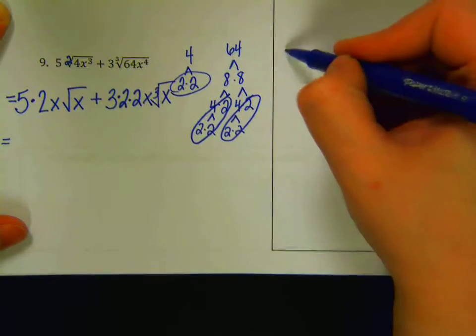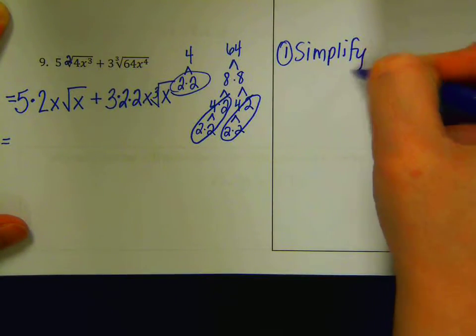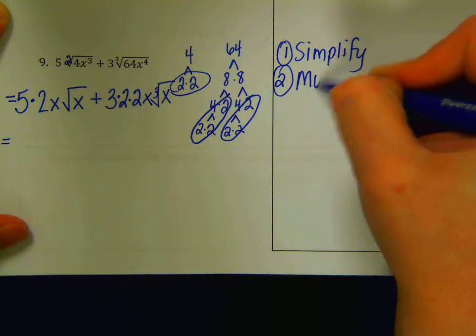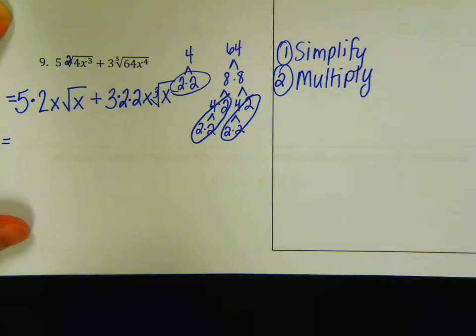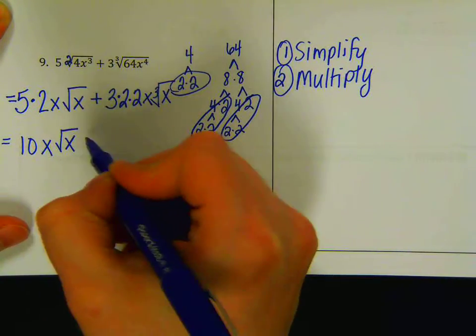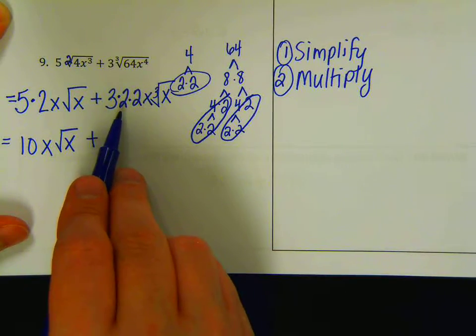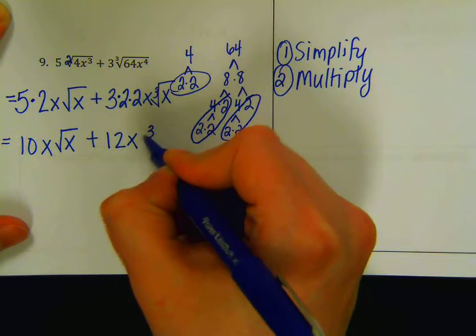Simplify this out, so that was my simplify. Multiply, so 10x square root of x plus 3 times 2 is 6, 6 times 2 is 12, 12x cubed root of x.